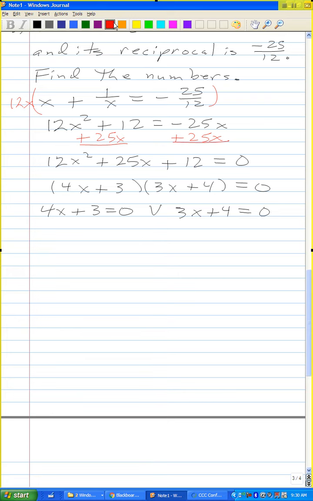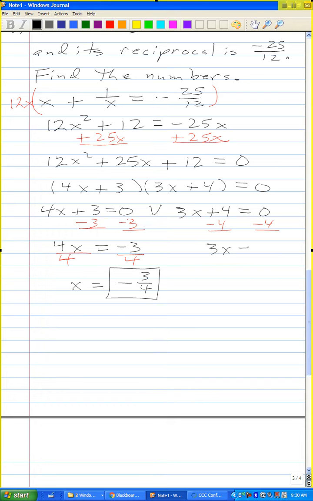Subtract 3 from both sides of my equation, and so 4x is equal to negative 3. Divide both sides by 4, so x equals negative 3 over 4. And subtract 4 from both sides of my equation. Divide by 3. Oops.